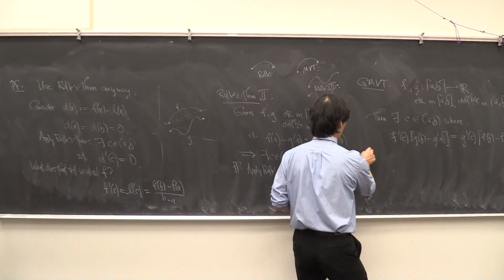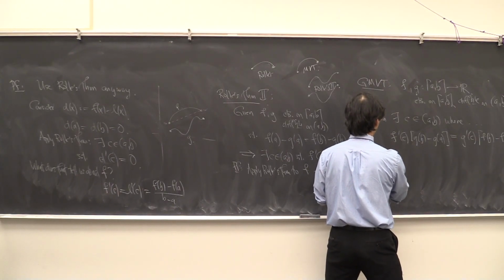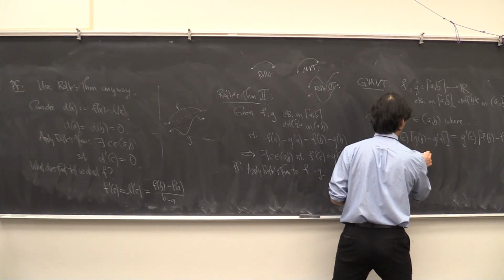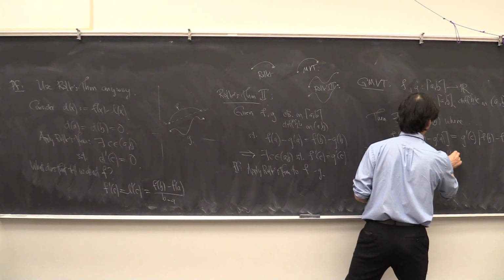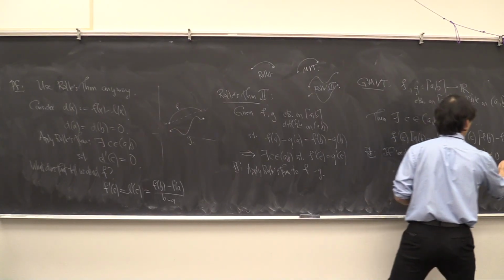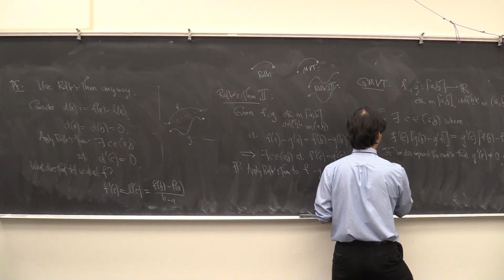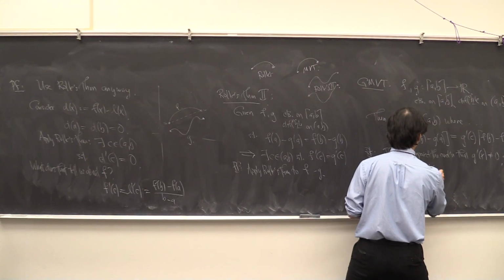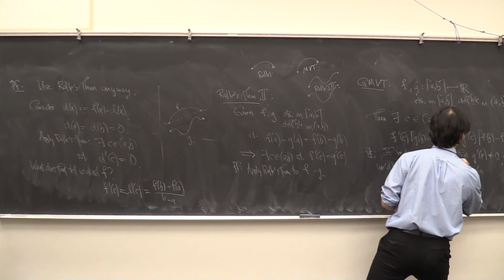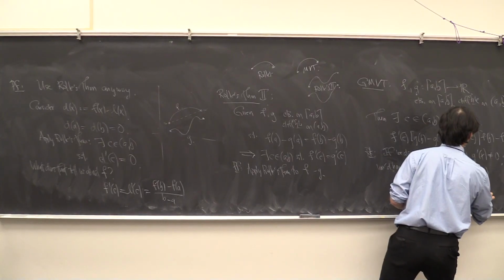Let me just make one remark. If we also impose the condition that g prime is never 0, then we'd have rather f prime c over g prime c equals f of b minus f of a over g of b minus g of a.